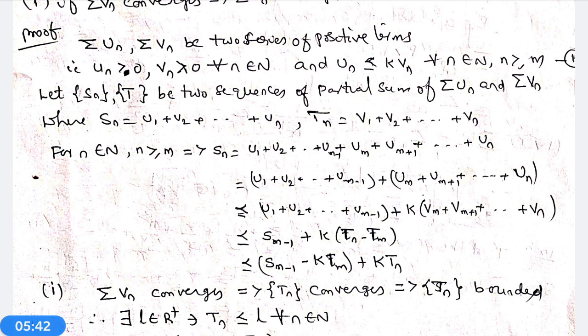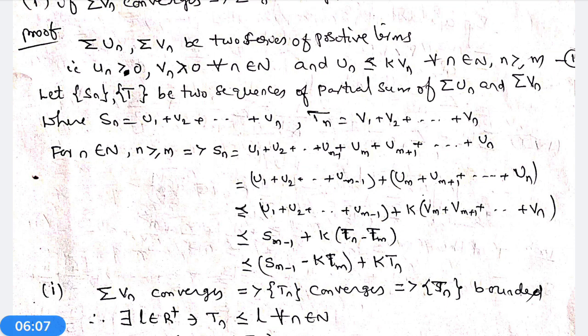So this is less than or equal to S(m minus 1) minus k Tm plus k Tn. Once again, Sn is less than or equal to S(m minus 1) minus k Tm plus k Tn.